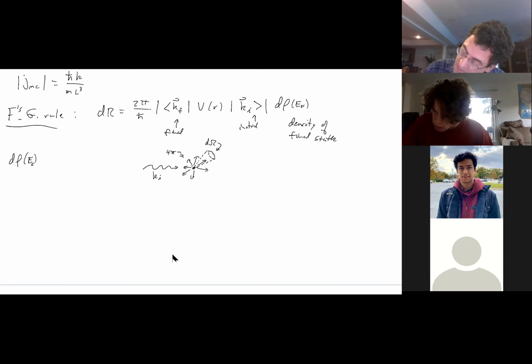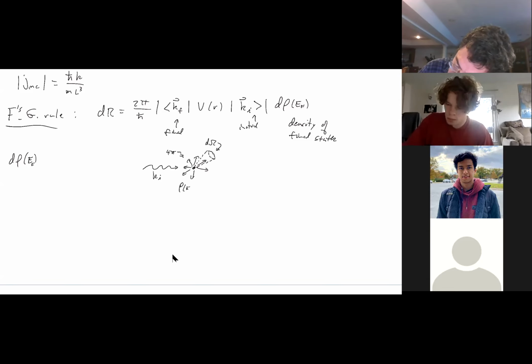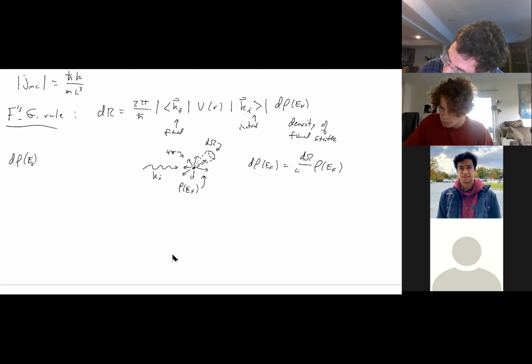And so that means that if this is the total density of states that takes me into 4 pi, then the density of final states, d rho, is going to be equal to the total density of states, but only a fraction of it. And that's going to be d omega over 4 pi.